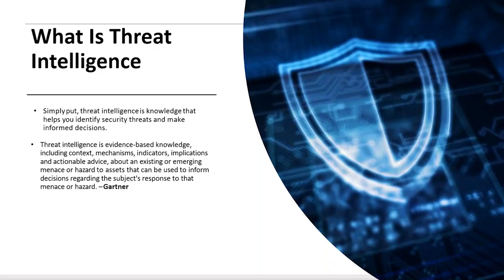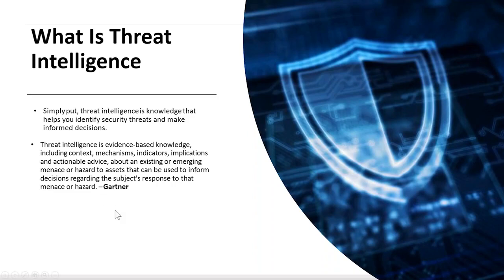There is a detailed definition by Gartner also. I won't read through it, but in short, threat intelligence is information which helps organizations in responding to various cyber threats and incidents.